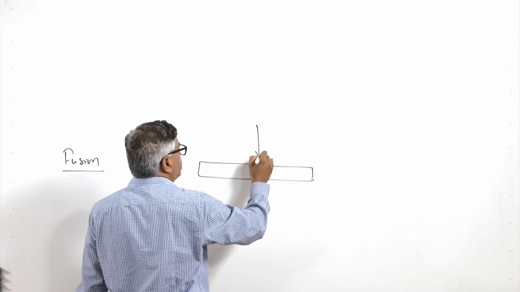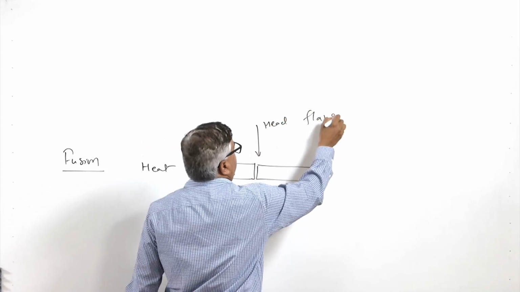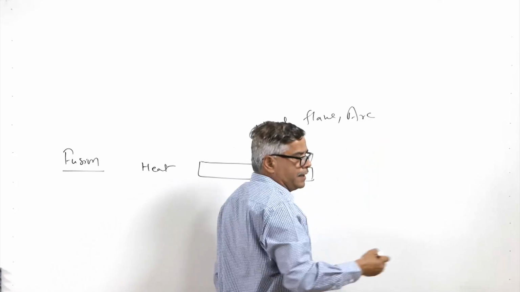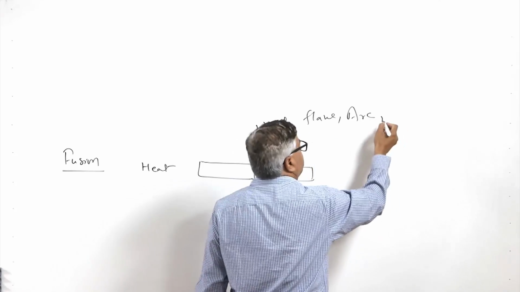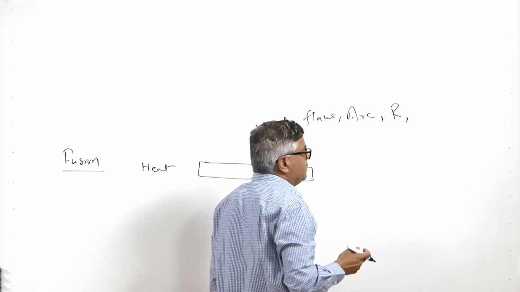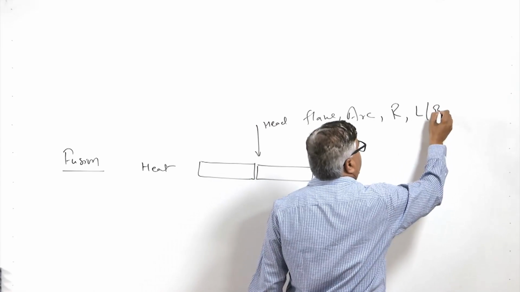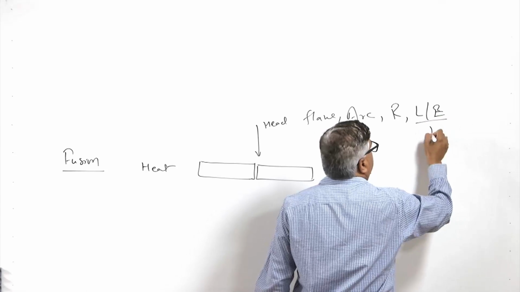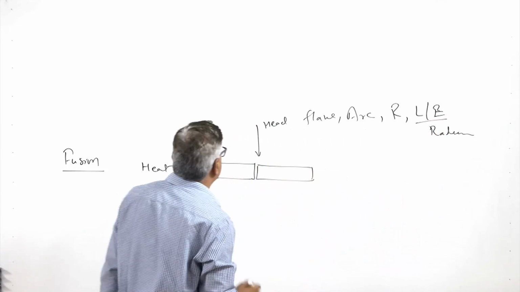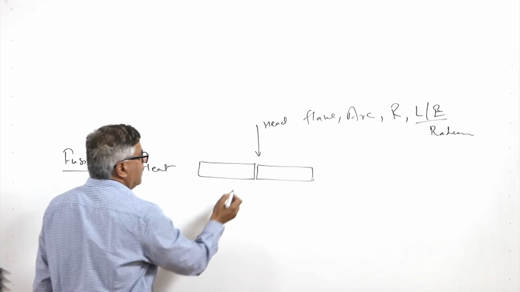This heat can be fed through different sources, which may be in the form of a flame, like in gas welding, an arc, like in arc welding processes, or resistance, like in electrical resistance heating or resistance welding processes, or a laser beam or electron beam in the case of radiation-based processes. So, the heat is delivered to the faying surfaces of the plates to be welded.